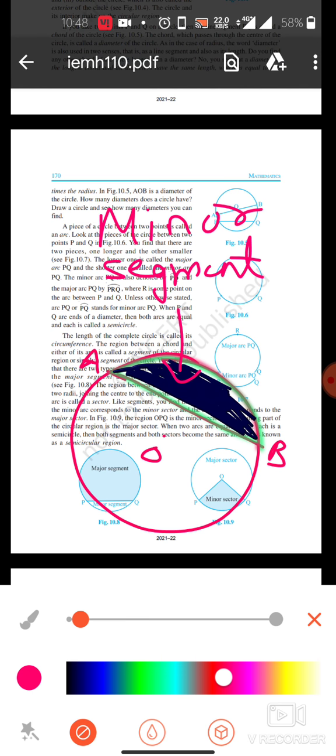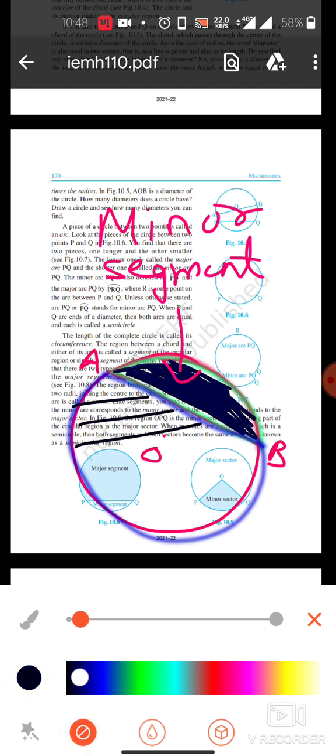So the question will come in your mind, where is the major segment? Let me highlight, this much portion along with arc AB, this whole shaded region is your major segment.